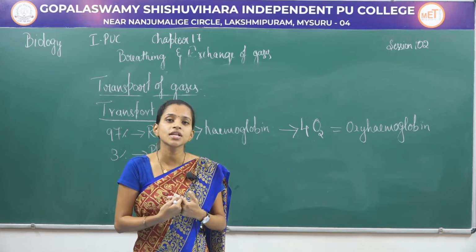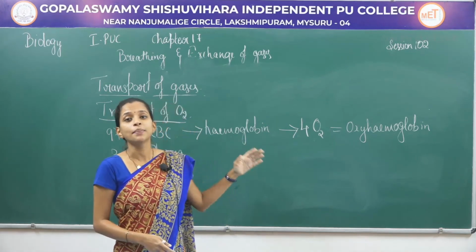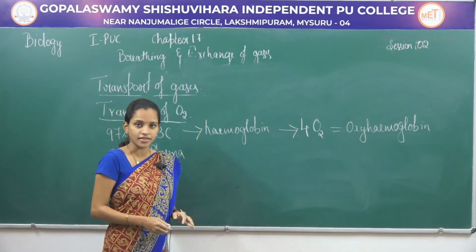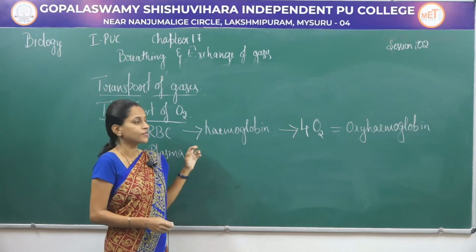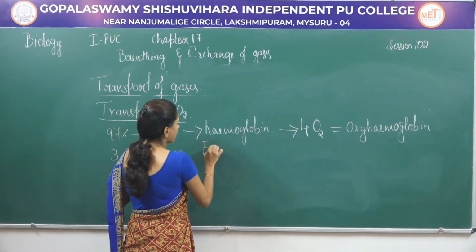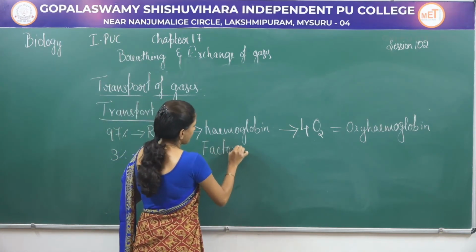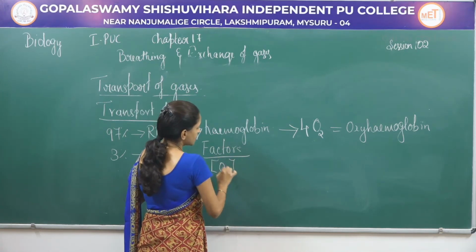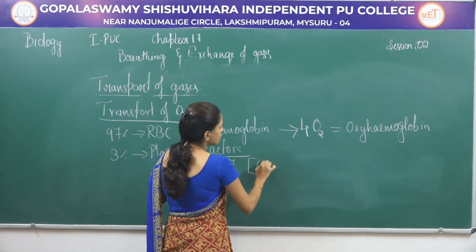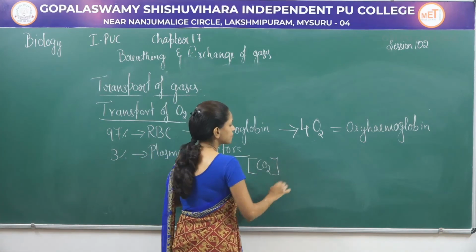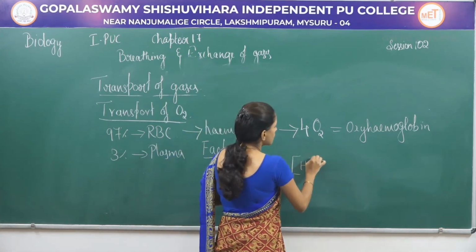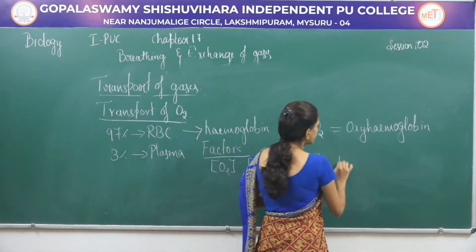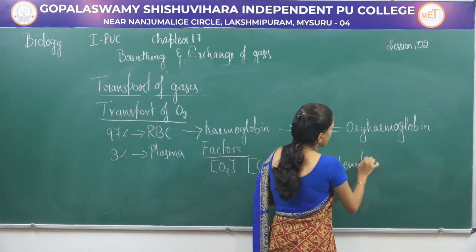This association and dissociation are dependent on 4 different factors. Those 4 factors are partial pressure of oxygen, partial pressure of carbon dioxide, hydrogen ion concentration and the temperature.